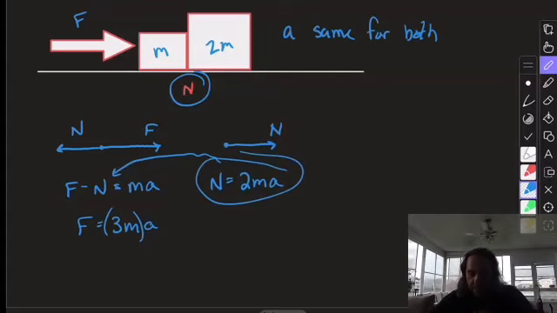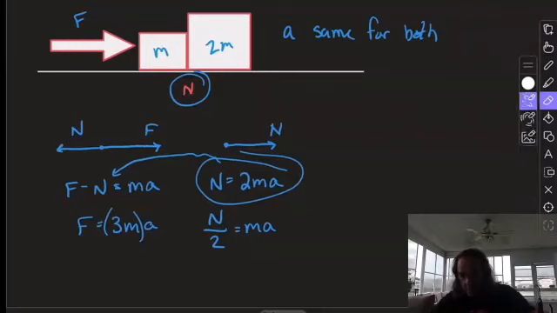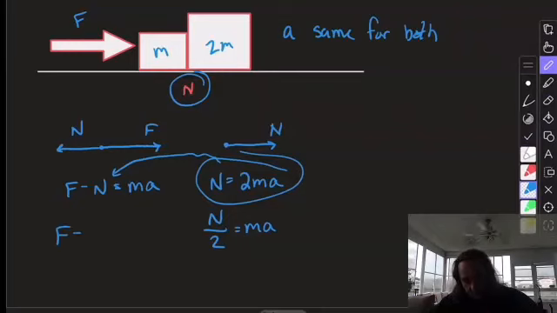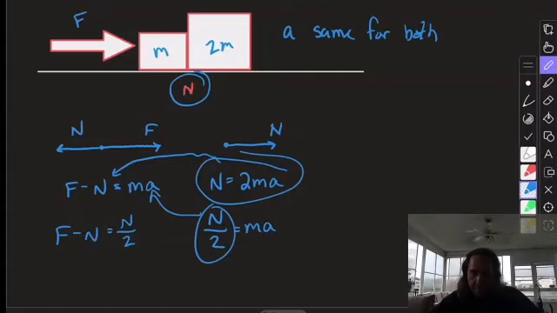I can solve this for MA, and I get N over 2 equals MA. So my force minus N equals N over 2. I'm putting this in for MA. So add N to both sides.